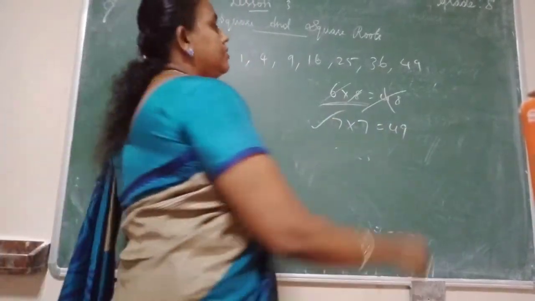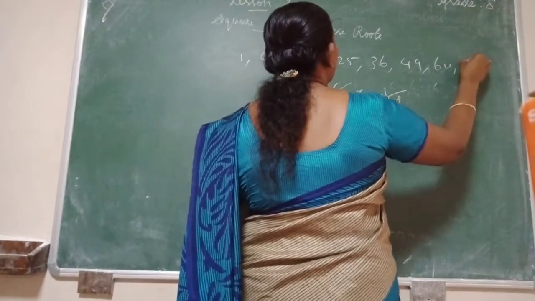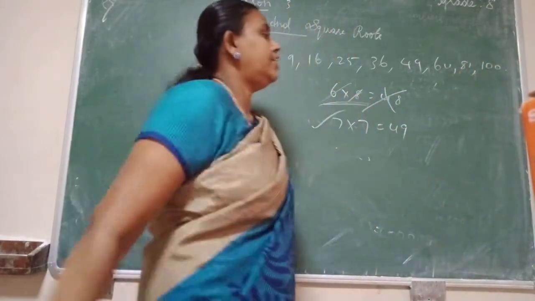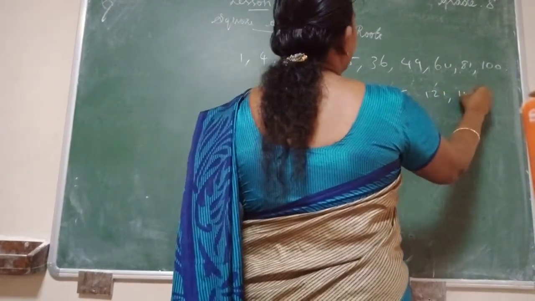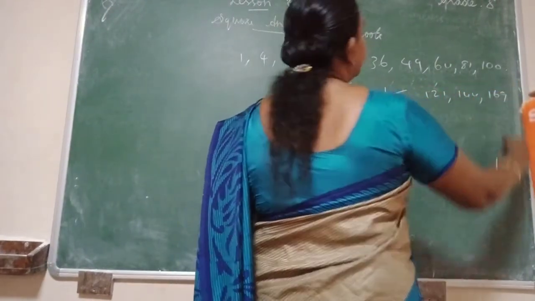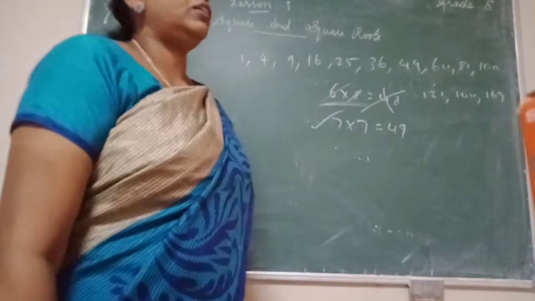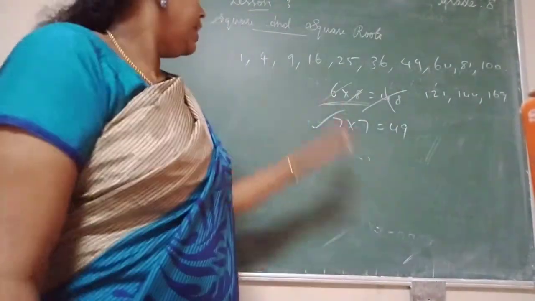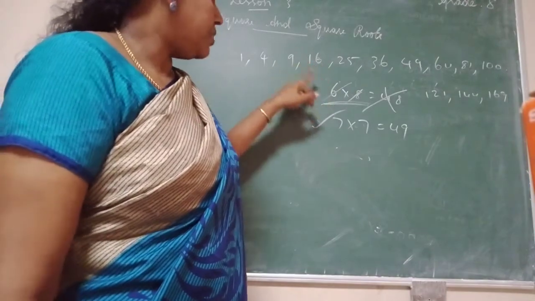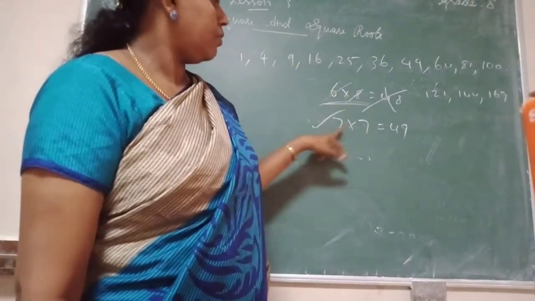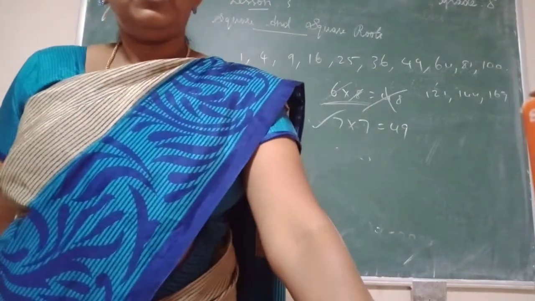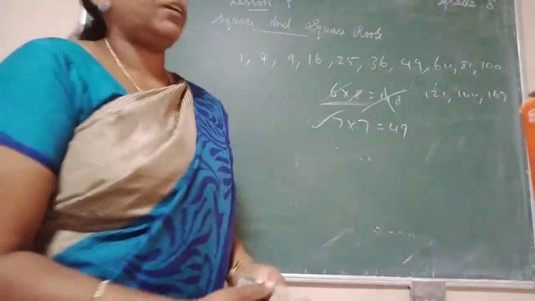Next ones: 64, 81, 100, then 121, 144, 169, it goes on, 196, 225. These are perfect squares. A number that is obtained by multiplying a number by the same number is a perfect square. Now we are going to learn prime factorization.